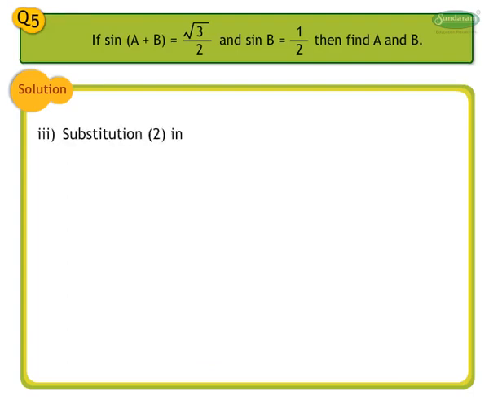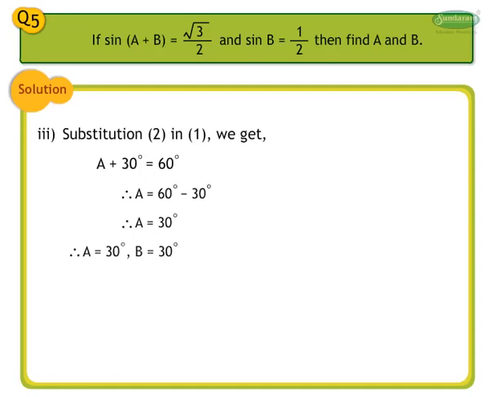Substituting equation 2 in equation 1, we get A plus 30 degrees is equal to 60 degrees. Therefore, A is equal to 60 degrees minus 30 degrees. Therefore, A is equal to 30 degrees. B is equal to 30 degrees.